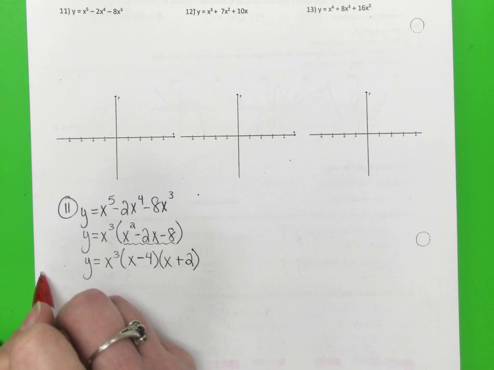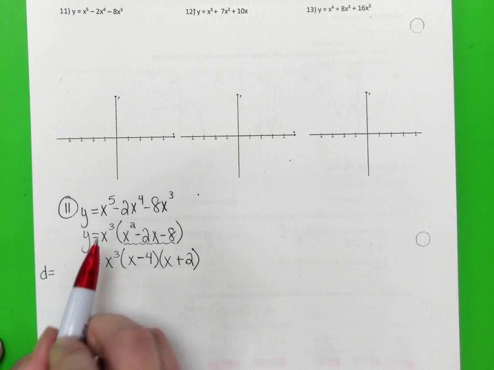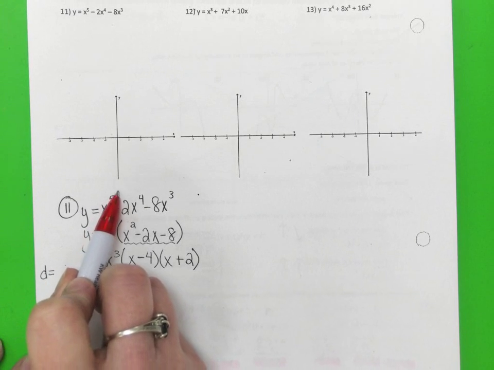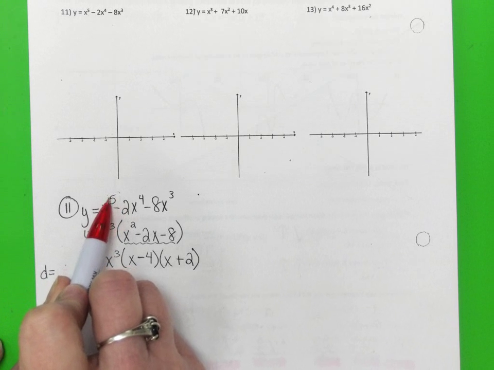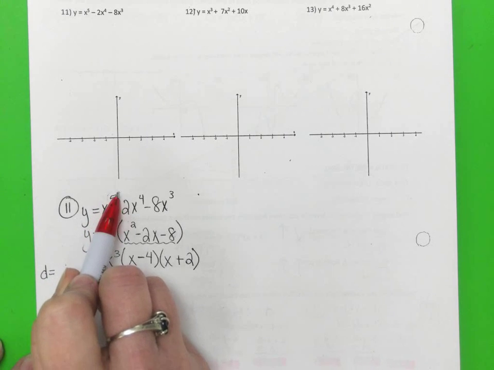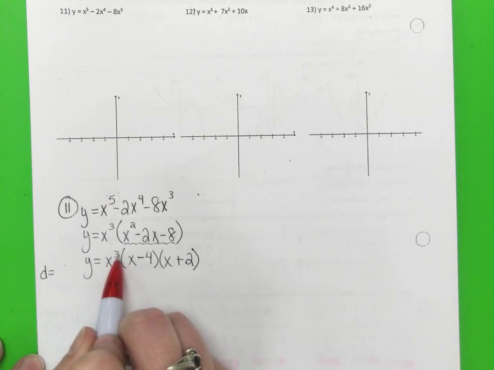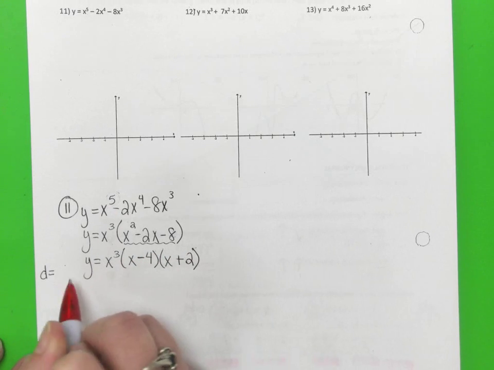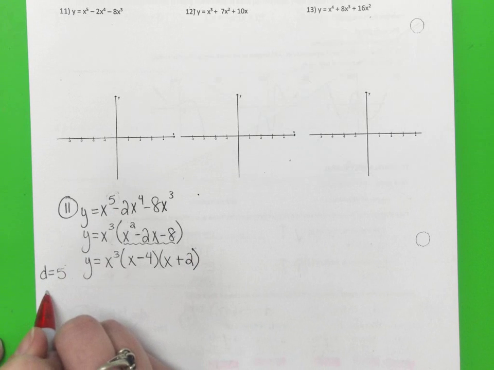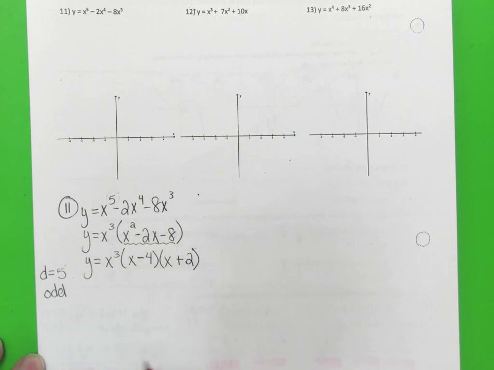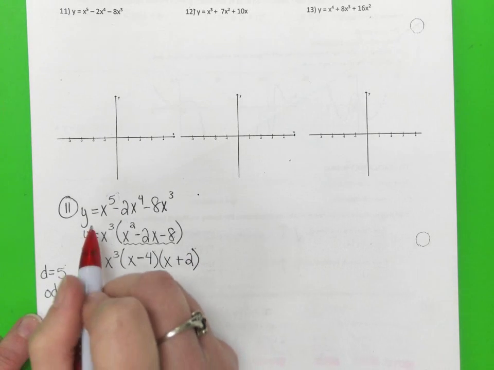Our degree is either 5, the biggest exponent, or, when it's factored, you can add them all up: 3 plus 1 plus 1 is 5. So we have an odd degree. Let's look at our leading coefficient.